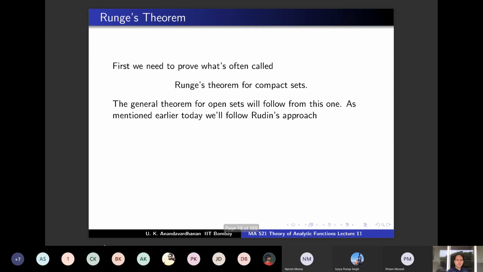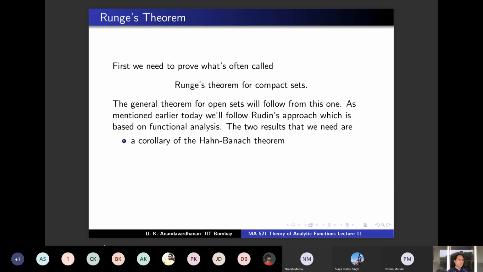As mentioned earlier, today we will follow Rudin's approach, which is based on functional analysis and a theorem from measure theory. The two results that we need are, so many times we may not fully know all the results that we are using, but still we should know clearly which result we are using, which one we actually know, which one we are assuming, etc. So remember, one is a statement that doesn't have a name, but it's good to have names in order to remember.